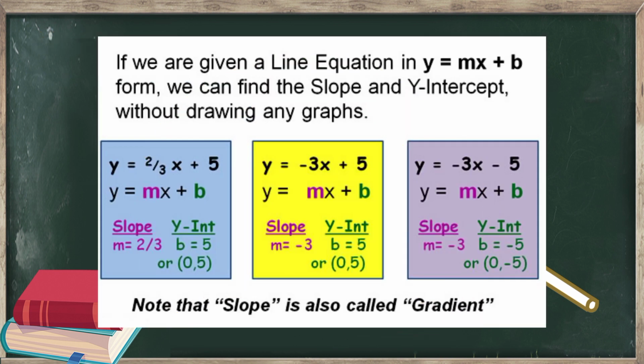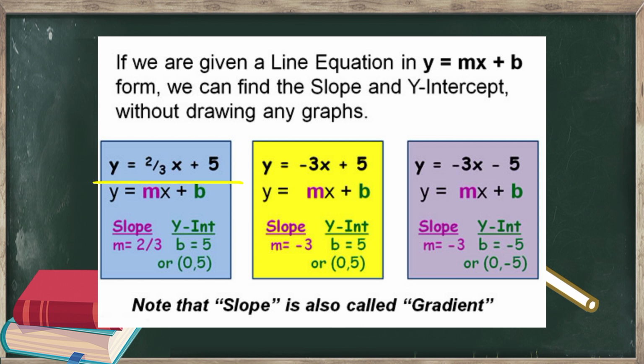Okay, so if we're given a line equation in y is equal to mx plus b form, we can find the slope and y-intercept without drawing any graph. So here are the following examples. y equals 2/3 x plus 5.